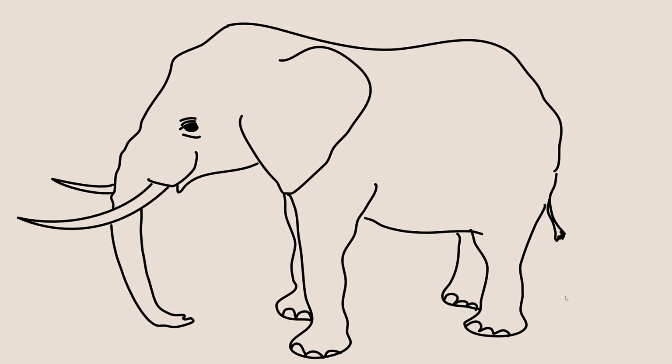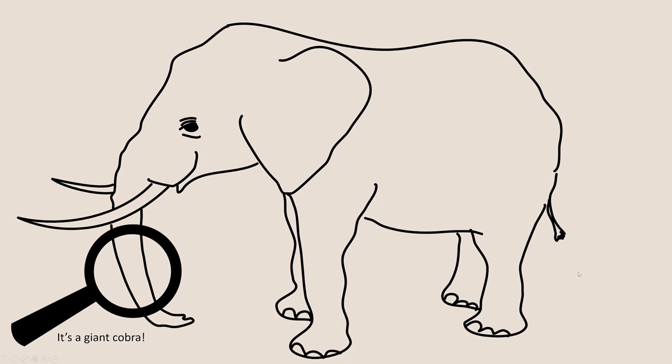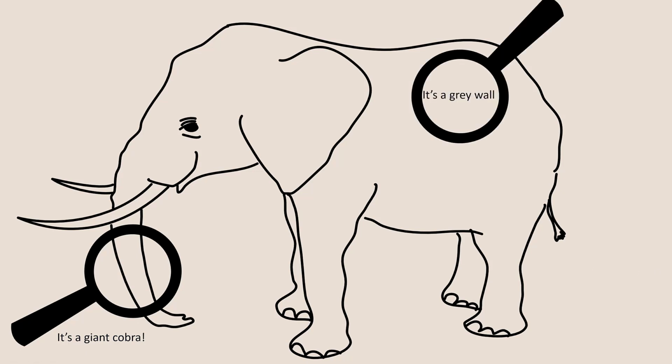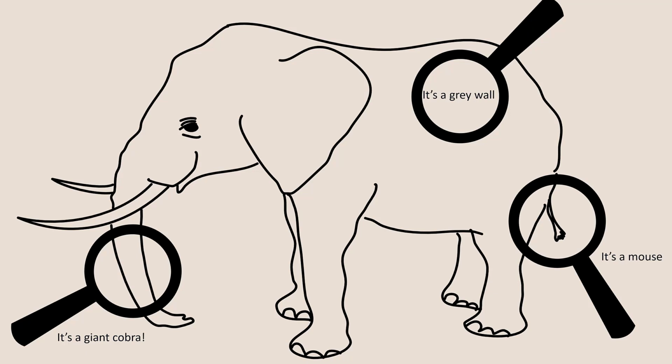Let me try and paint a picture for you. This is a picture of an elephant, and it's a metaphor for our data warehouse. What happens if we do not conform dimensions is that one person is going to look at part of the data warehouse and say, it's a giant cobra. Whereas another one looking at another part of the data is going to say, no, it's a big, giant gray wall. And maybe a third person is going to look at it and say, no, it's actually a mouse.